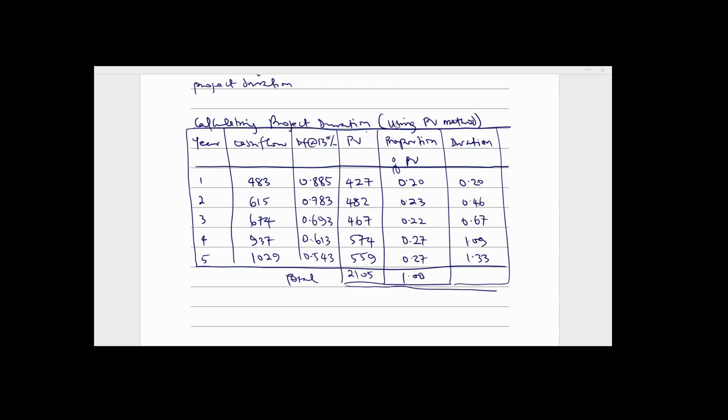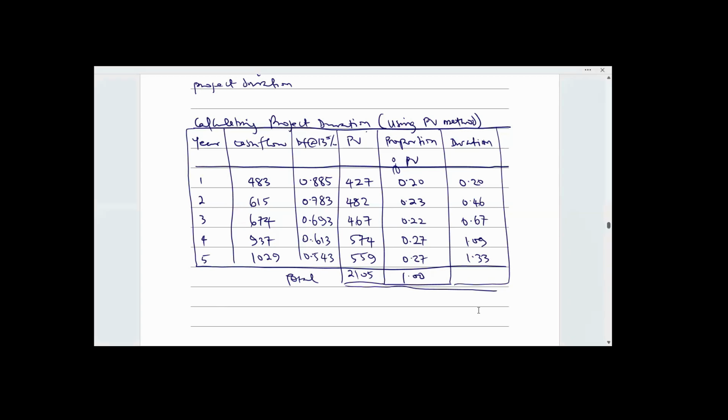Let's check the total of the present value. 427 plus 482 plus 467 plus 574 plus 559. It's supposed to be 2509. So that means what we have done is wrong. This one's supposed to be 2509.